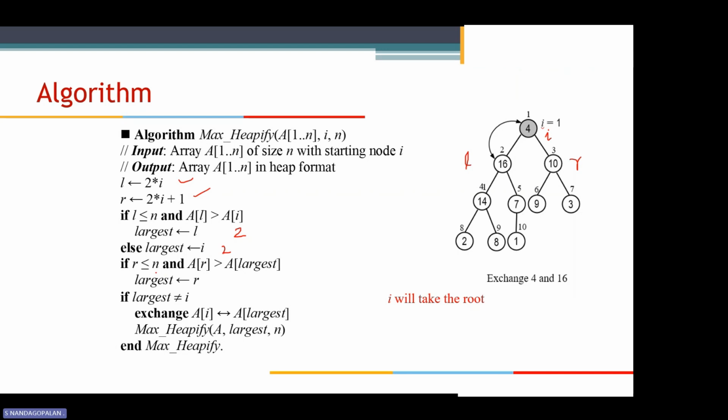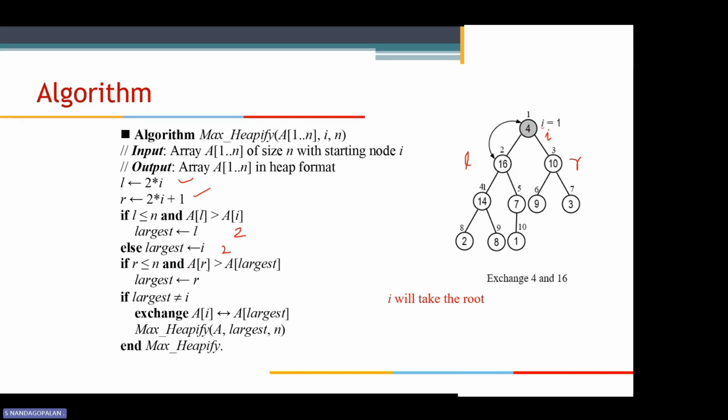And if R is less, so I'm comparing with R now, right side. So that is good enough. Same thing like we did for the left. This is for the right. A of R, if it's greater than this, what is A of R? It's 10. Is it greater than this? No. So I'm comparing these two now actually.